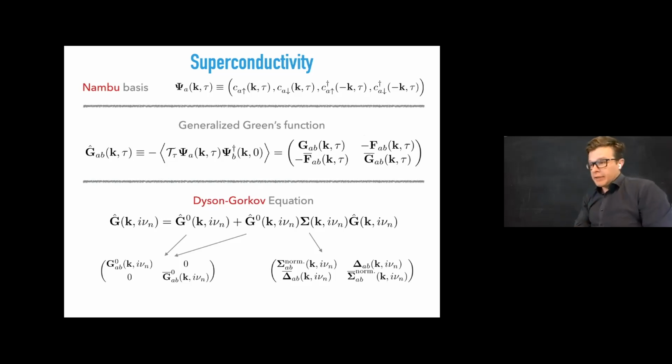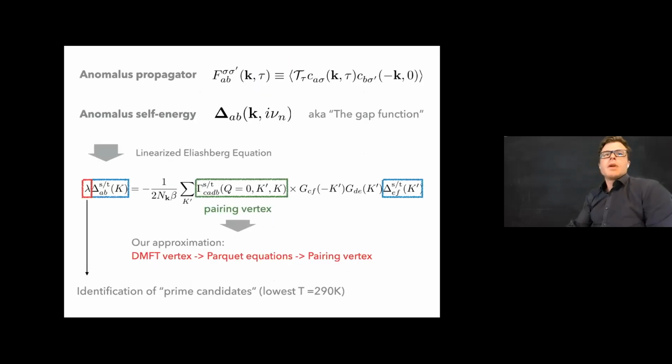This generalized Green's function can be written in the generalized Dyson equation, or the Dyson-Gorkov equation, to define the generalized self-energy. The generalized self-energy looks like this. It has on the diagonal, as you would expect, the normal self-energies, and on the off diagonals, you have the anomalous self-energies. And these anomalous self-energies are often referred to as gap functions. So the anomalous propagator F and the anomalous self-energy Delta.